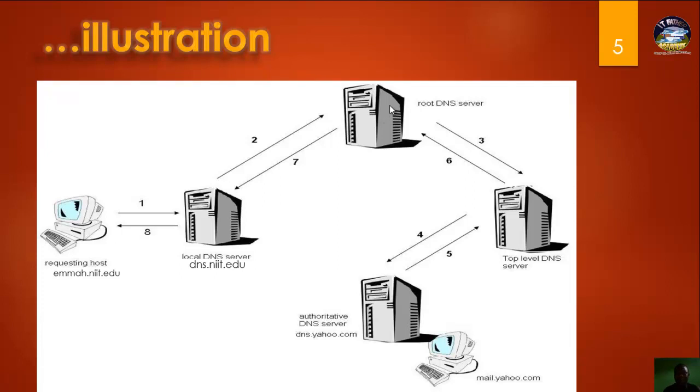The root DNS server says, okay, I also don't know anything like ima.nit, so it forwards to the top level DNS server. It also doesn't know, so it forwards to the authoritative DNS server. The authoritative DNS server found it, then returns the answer to the top level, which forwards to the root DNS and back to the local DNS server. So that's it. Anytime you request something, that's how it goes.